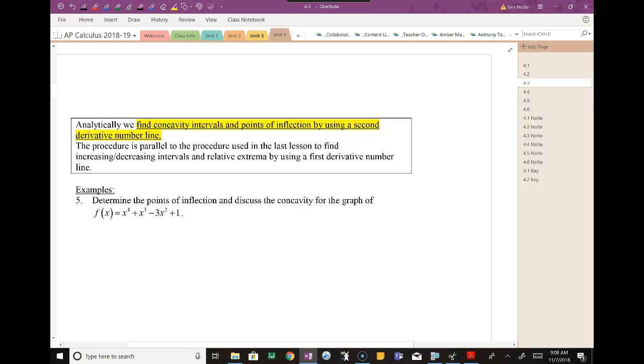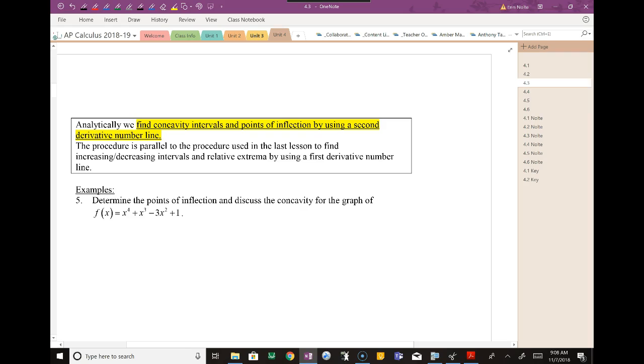This number line is referencing our first derivative. You should put what you're doing next to it. Obviously we're going to be doing second derivative ones for this one. So the procedure is parallel to the procedure used in the last lesson to find increasing and decreasing intervals and relative extrema by using the first derivative number line.